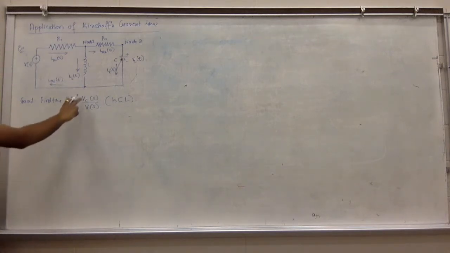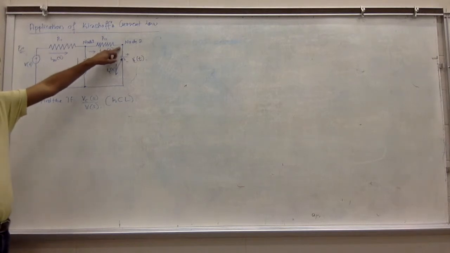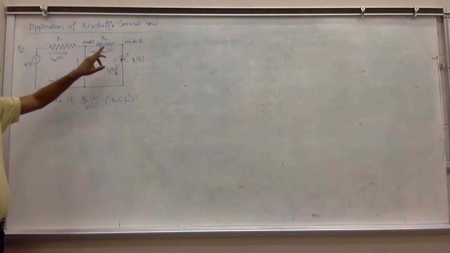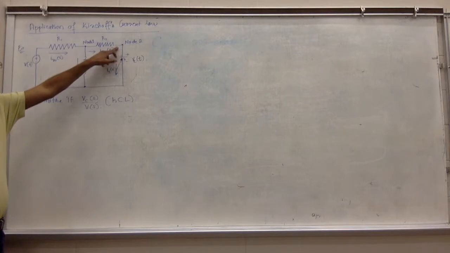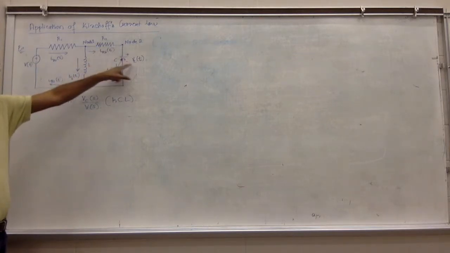You really need node 1 and node 2. Isn't a node any point where at least three joints meet? Yes, so here it's where the current gets split. Although there are three, there is only one. You still need to consider this because you're solving for this.